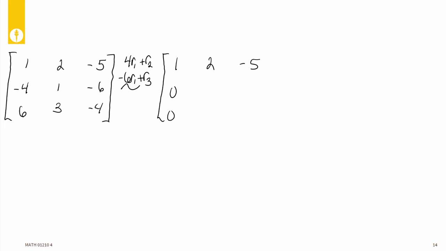4 times 2 plus 1. 4 times -5 minus 6. Said minus 6, technically plus -6, but same thing. Yeah, that already looks like it's going to be hideous. -6 times 2 plus 3.